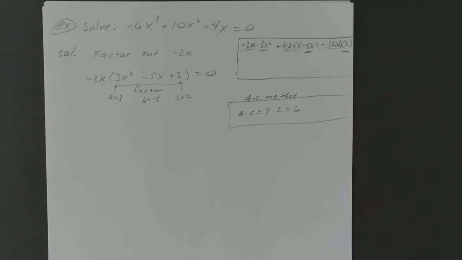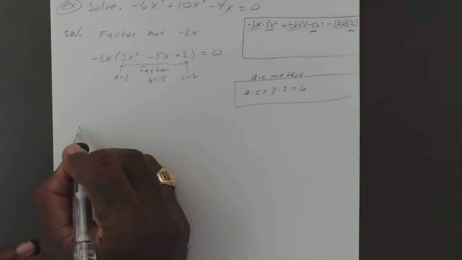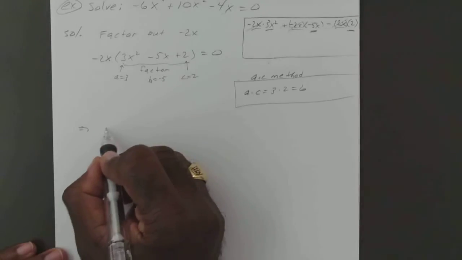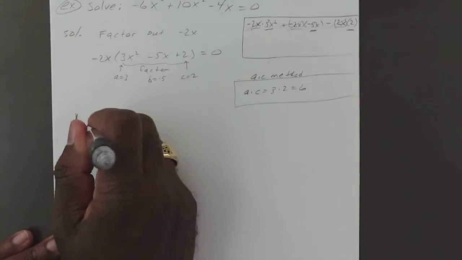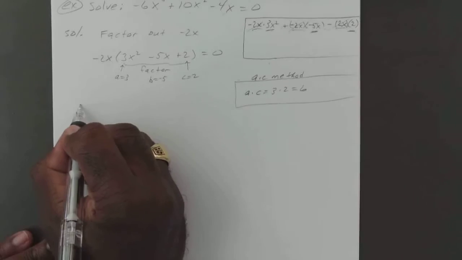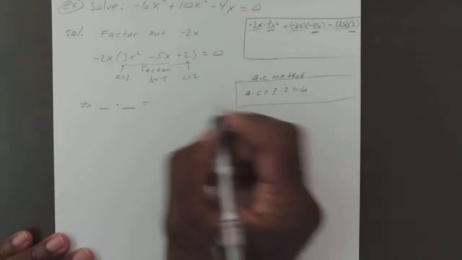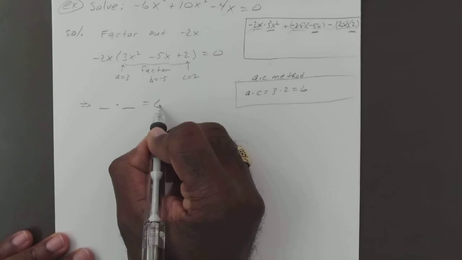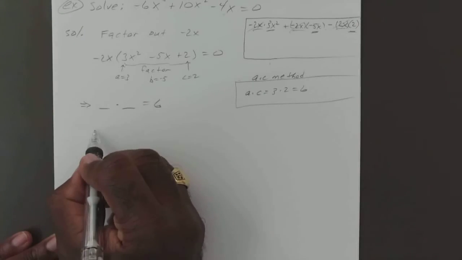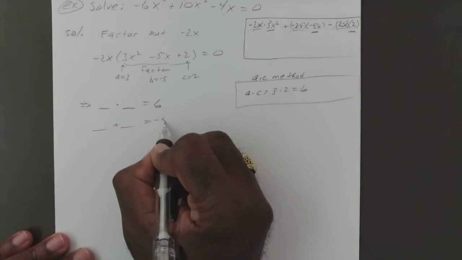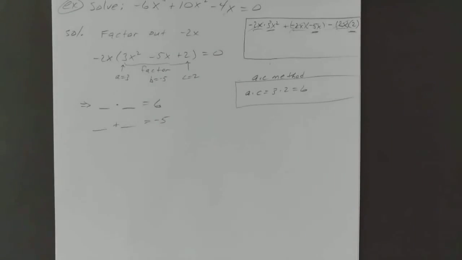Okay, so that means we have to find two numbers that multiply to equal your 6. And those same two numbers add to equal your b, which is negative 5.